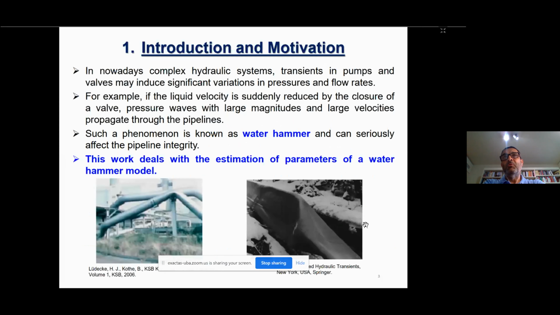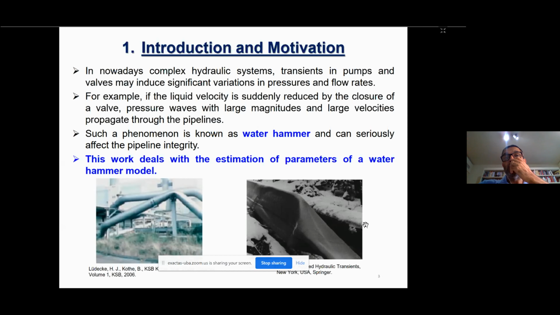So the motivation for this work is to estimate parameters of what is called a water hammer model. Water hammer is a phenomenon that takes place in transient flows, when very fast transients are imposed, for example, by a valve being closed or a pump being turned off.